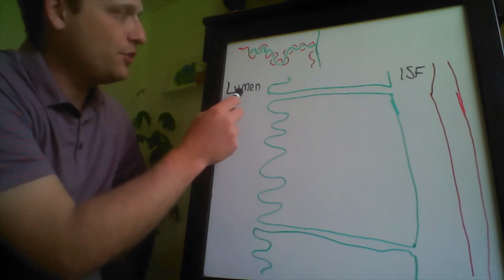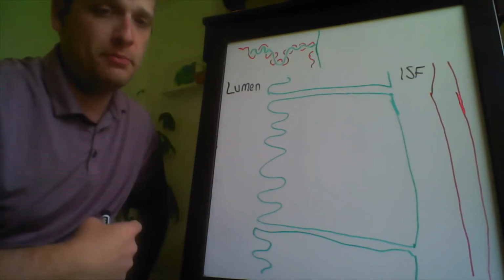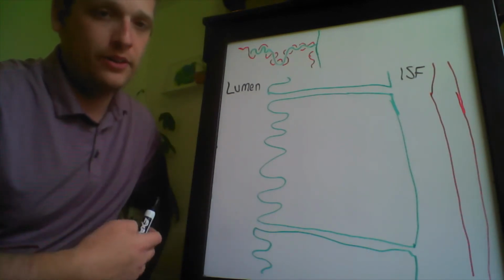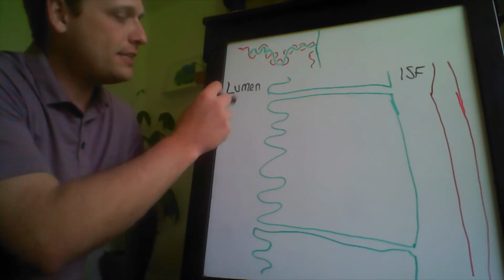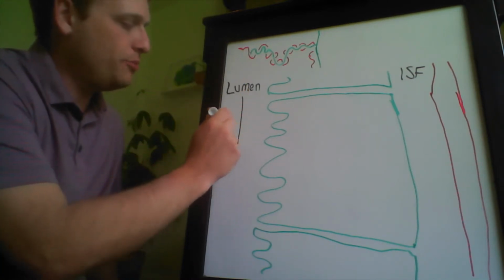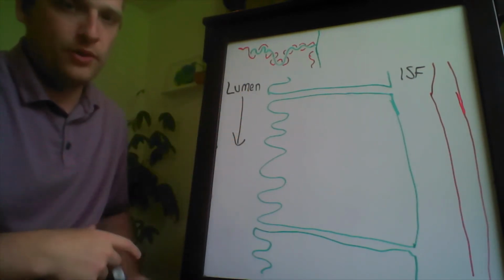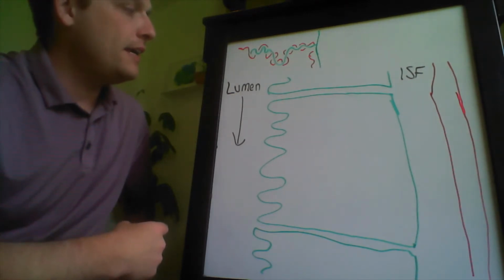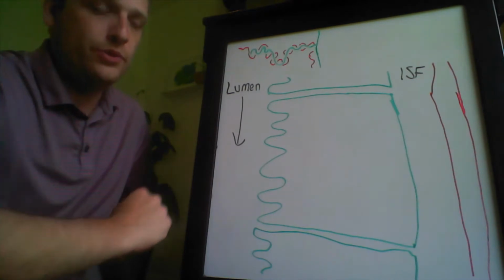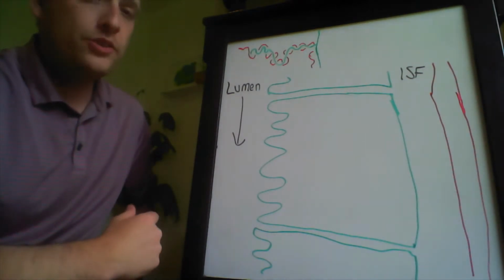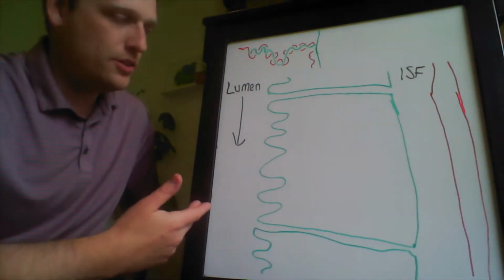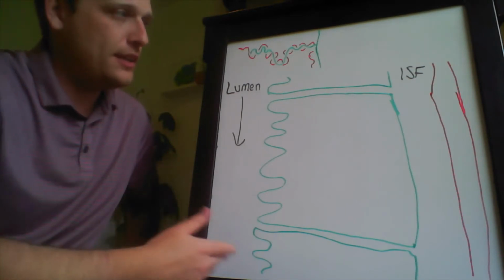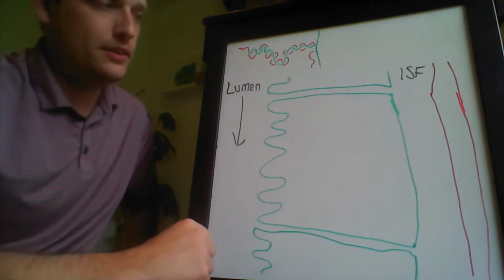So you're going to have filtrate that's been removed from the blood through glomerular filtration. And so that's going to be passing through the lumen, or the hollow space in the nephron. And as that filtrate moves through the nephron, there's going to be material exchanged between the filtrate and the interstitial fluid.